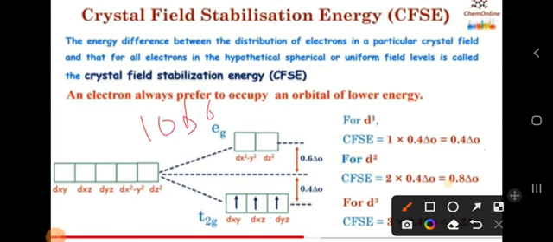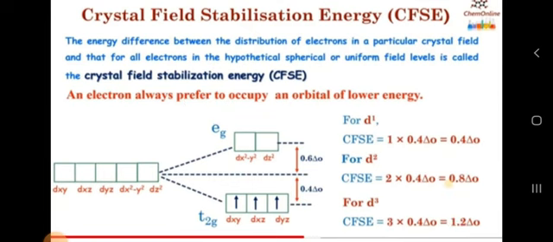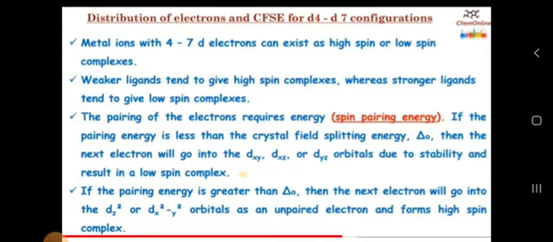So compared to that, it is only 0.4, only 0.8 and only 1.2. Then the electron will shift to dxy, dyz, dzx. If it is more than 10, it will split into the Eg orbital. That is the meaning of this.